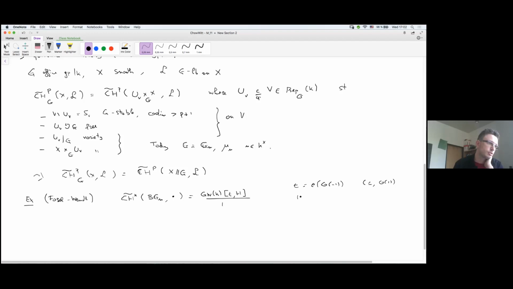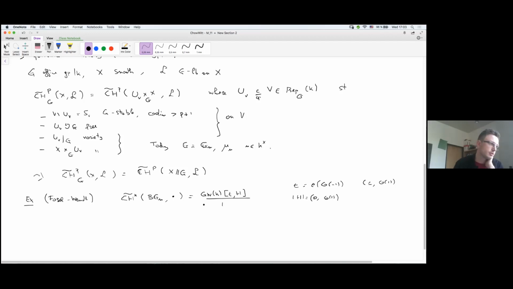And H is a twisted version of a hyperbolic class. It's more or less an artifact of how the theory works, and it's in bidegree 0, O.